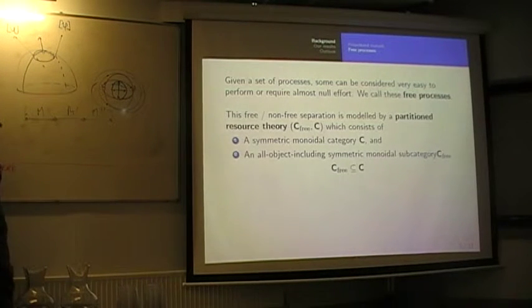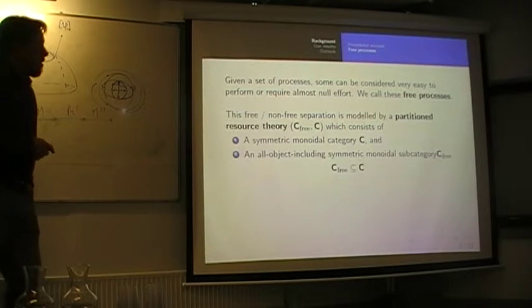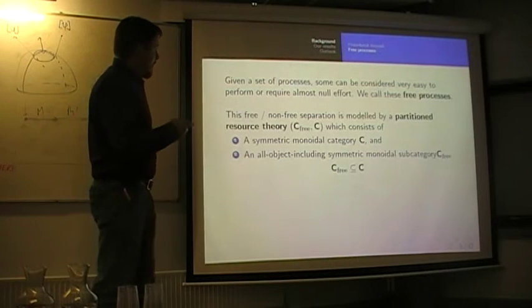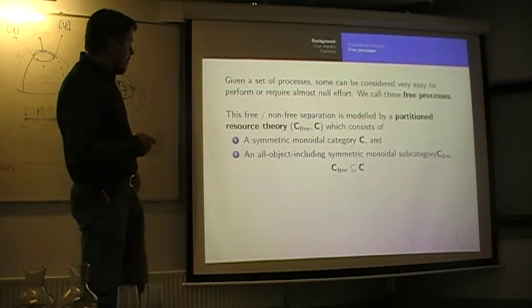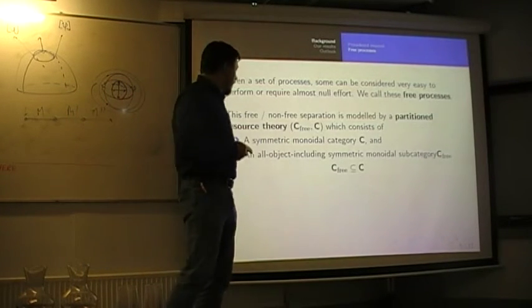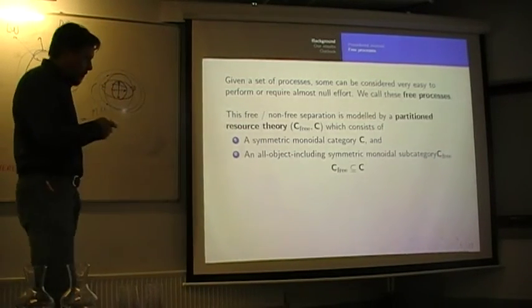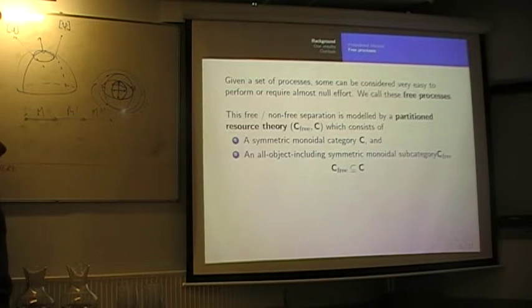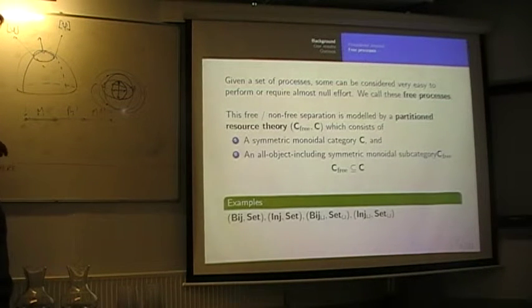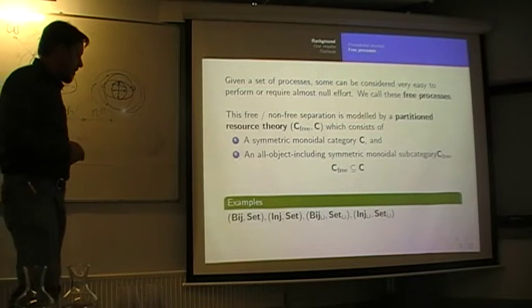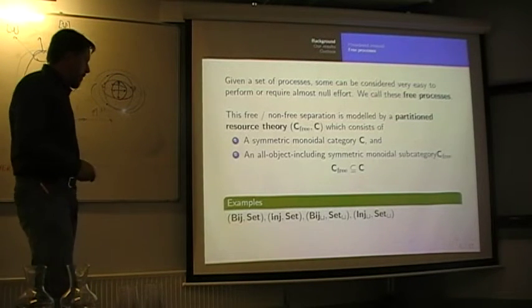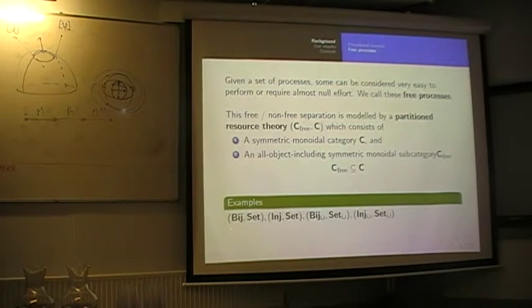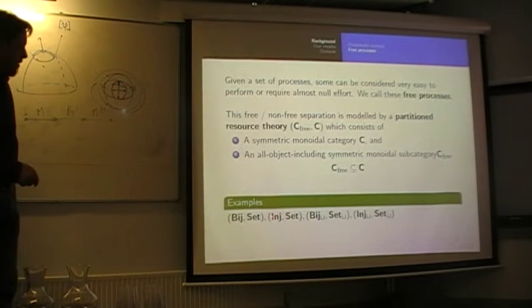So free processes are modeled by a pair of category and subcategory, the subcategory representing free processes. Very simple examples of these would be bijections being the full all-object-including subcategory of the category of sets, and same thing with injections.